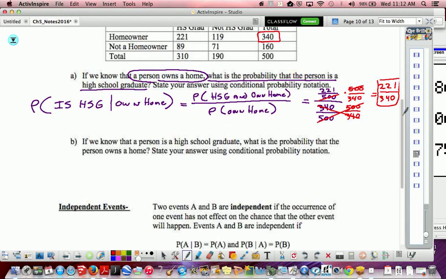B says, if we know that a person is a high school graduate, what's the probability that the person owns a home? So what comes first in my statement? It's the probability that they own a home, given that they are a high school grad.